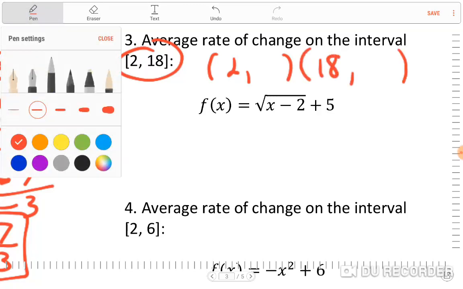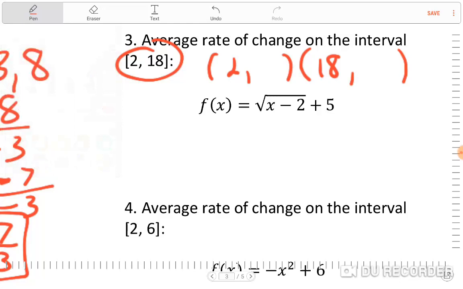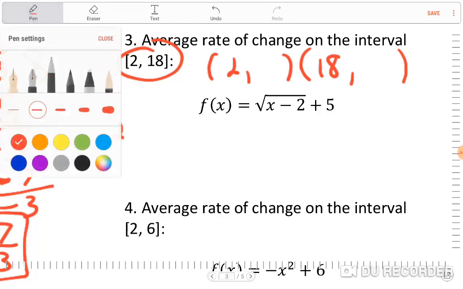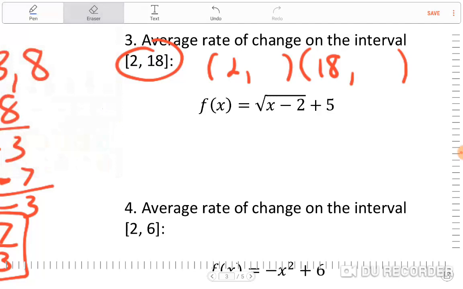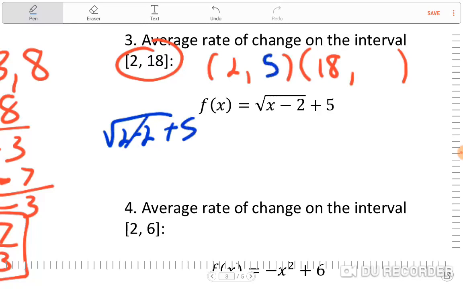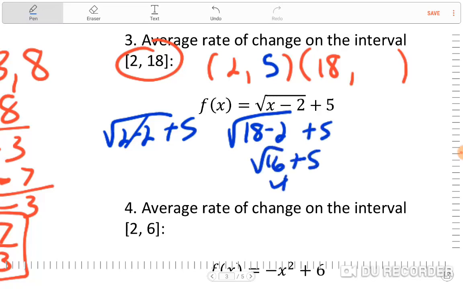So let's substitute first the 2. Square root of 2 minus 2 plus 5. 2 minus 2 is 0. Square root of 0 is 0. So that 2 goes with a 5. When I plug in the 18, square root of 18 minus 2, that gives me square root of 16. Square root of 16 is 4. And 4 plus 5 is 9.